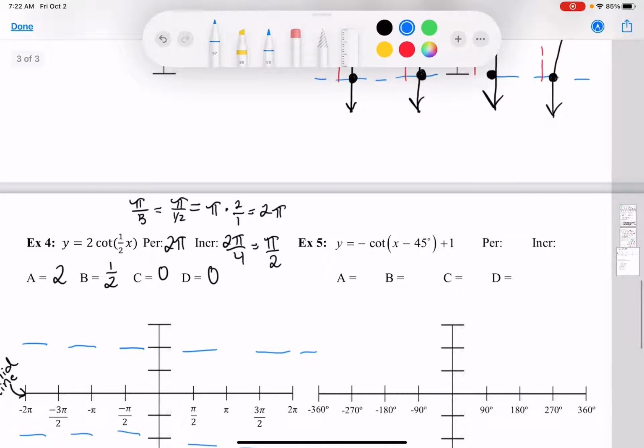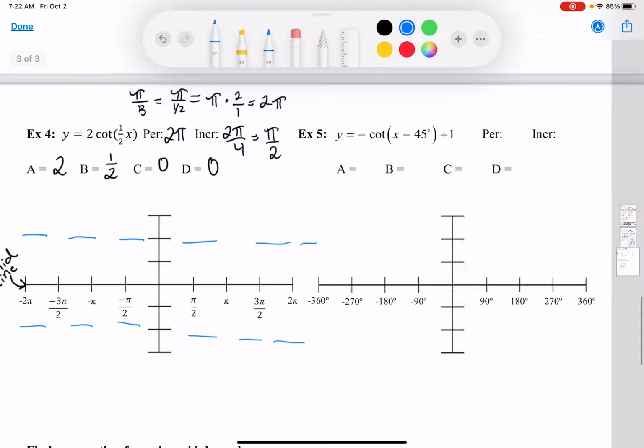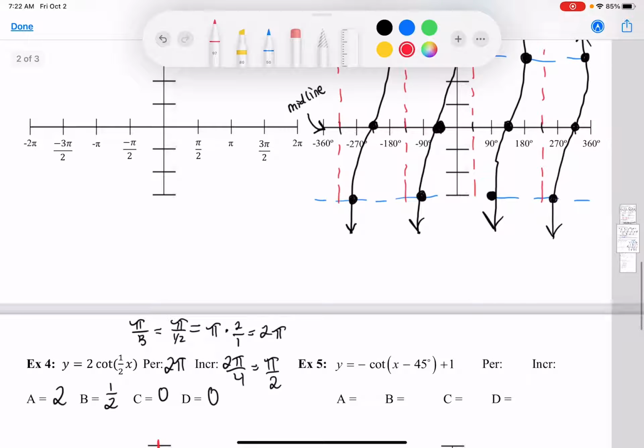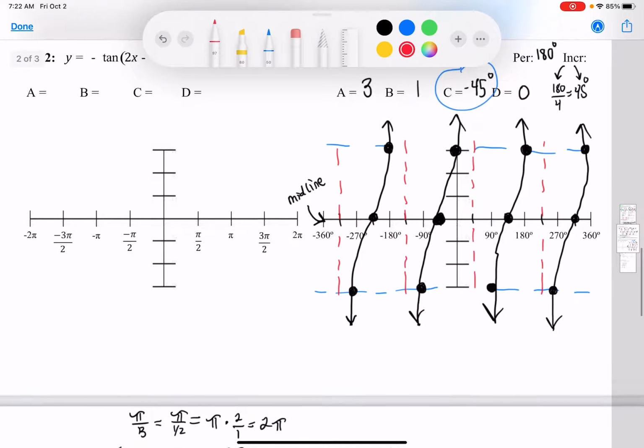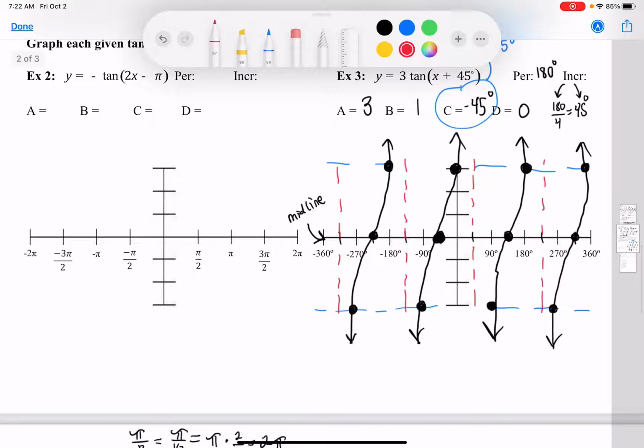All right, so since we didn't move left or right at all, I know that that asymptote that was on the y-axis will stay there. So in the last example with tangent, we knew that the starting point was the y-intercept, and we had to shift that because of our c value.